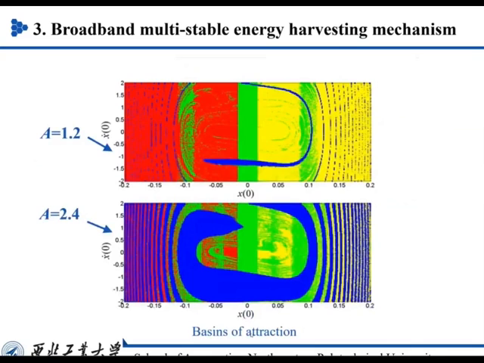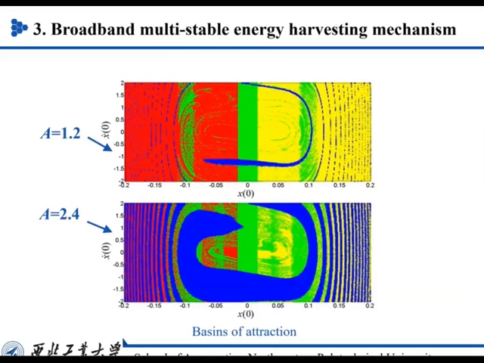We also use the basin of attraction to verify the 4 stable positions. The blue one means this initial condition can lead to interwell oscillation, which means the output voltage is also large.